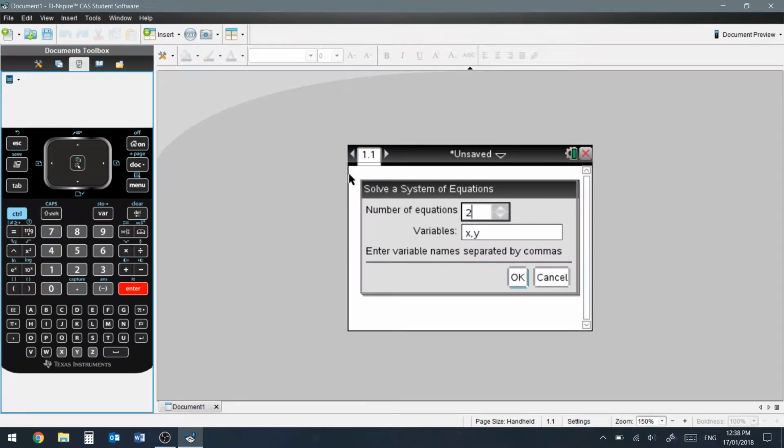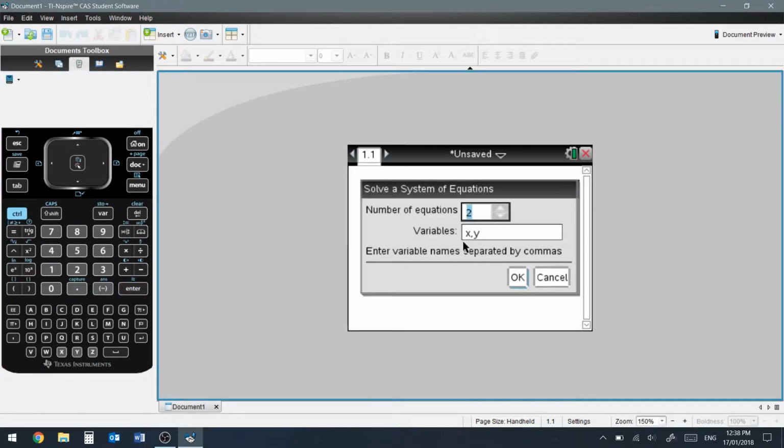Now, here you'll see the pop-up that will appear on your CAS. We'll have the number of equations, which in this case is 2, but you can bring them up or down or whatever you need, and then you have to specify the variables that you're going to use and in what order. So x before y, and those will be the two variables that we're solving for.